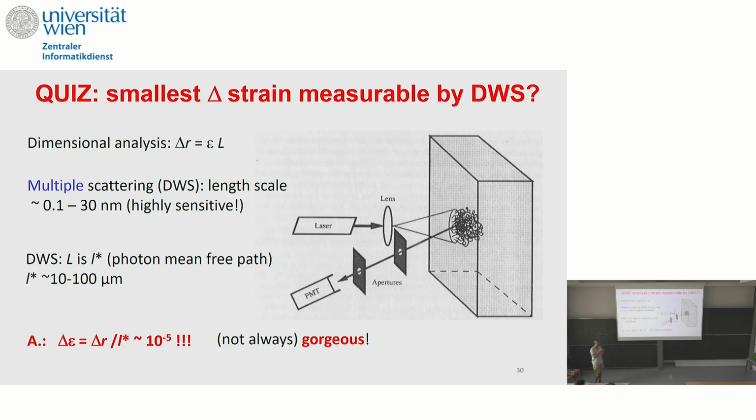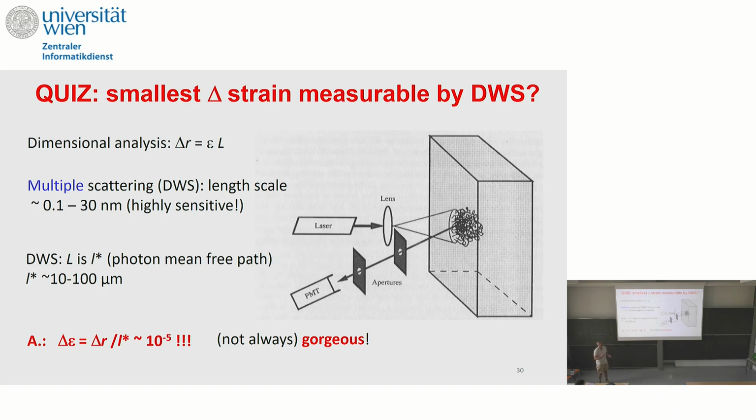So it's amazingly sensitive, which is gorgeous, but not always gorgeous. Because if you're doing an experiment, for example, where you pull your material, then a teeny tiny change in the strain state of your sample will be detected by this technique. It means that if you have a local rupture of something, that will give you a huge variation of strain, and in some sense you will be blinded by this extreme sensitivity. It's as if your eyes are super sensitive to darkness, and when you go out in the sunshine you don't see anything because you are flooded with too many photons.